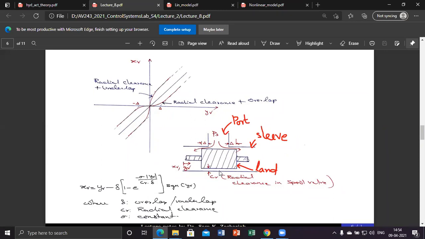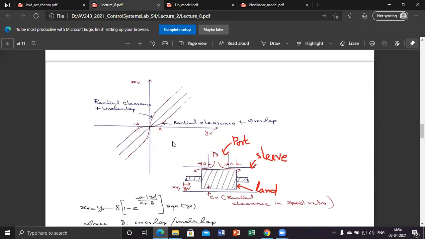here we are interpreting things effectively with respect to hydraulic flow. That is why XV is defined as the effective hydraulic port opening with respect to the final flow.